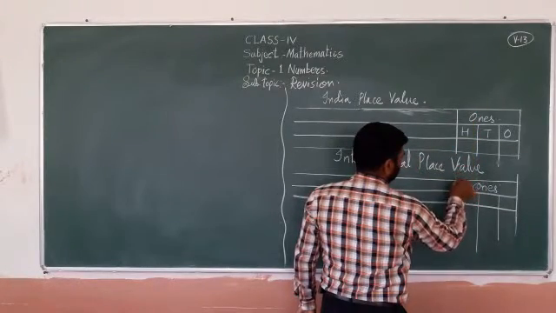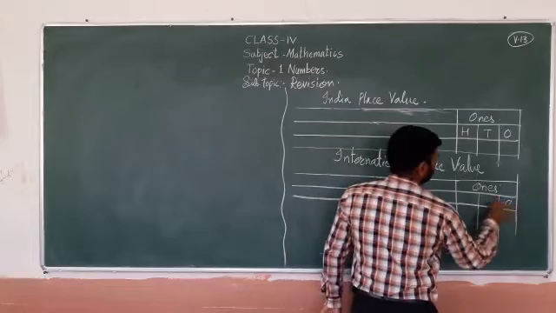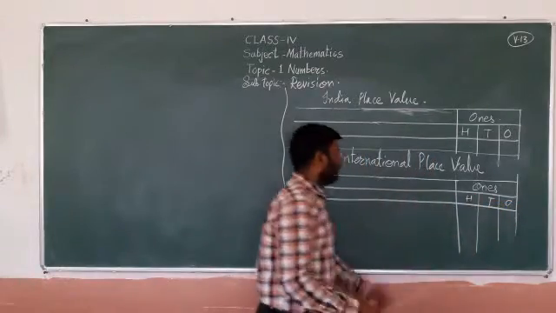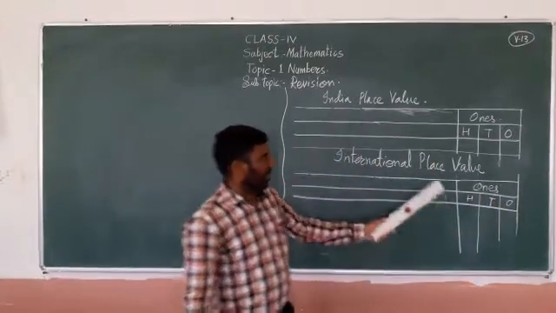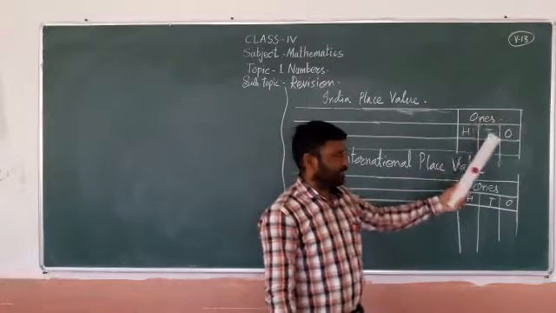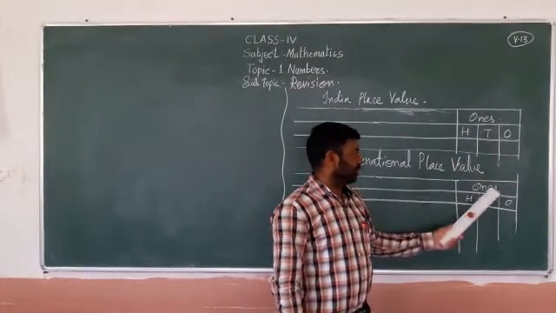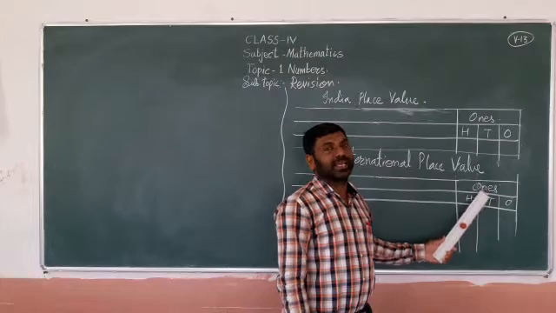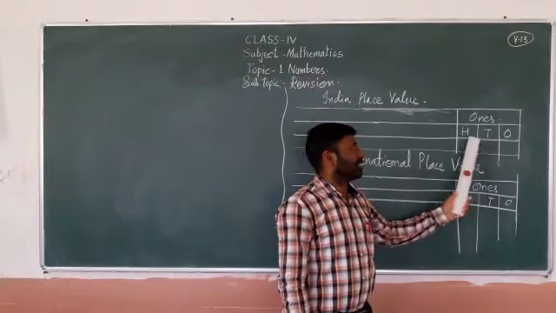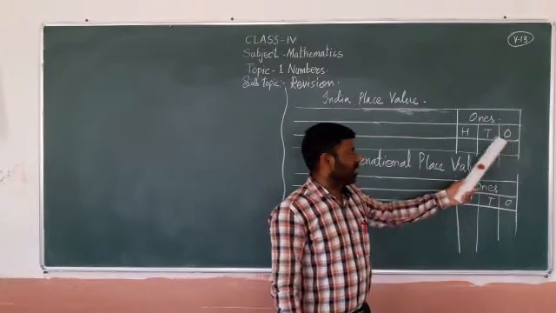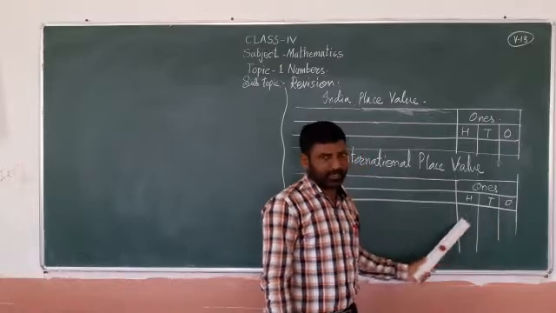This is ones period, having ones, tens, and hundred. In Indian place value and international place value, both first periods, that is ones period, have the same places. That is ones, tens, hundred. Here also ones, tens, hundred.